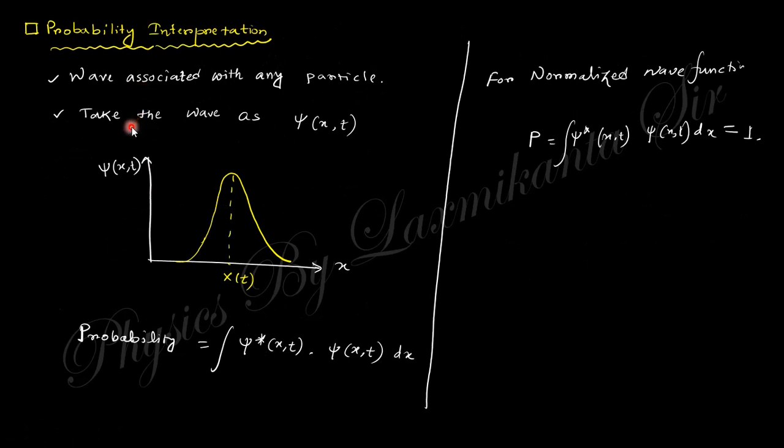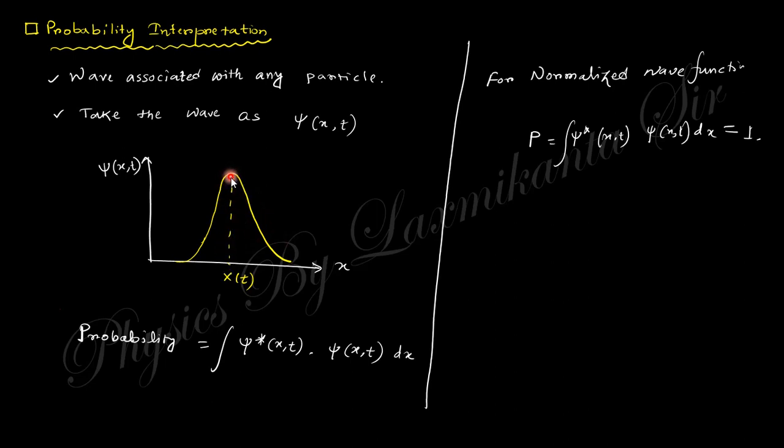Now comes the probability interpretation. Classically, when a particle is situated at a point, you can say the position is x equal to 5. But quantum mechanically, you can only talk about a region, and the probability is maximum at that point.